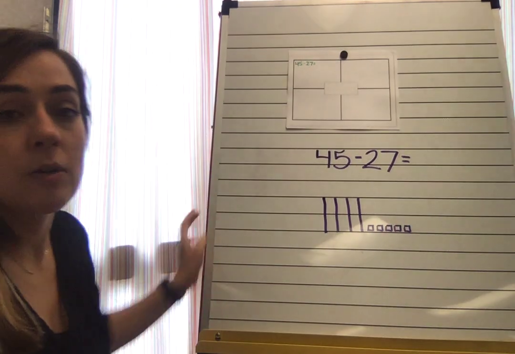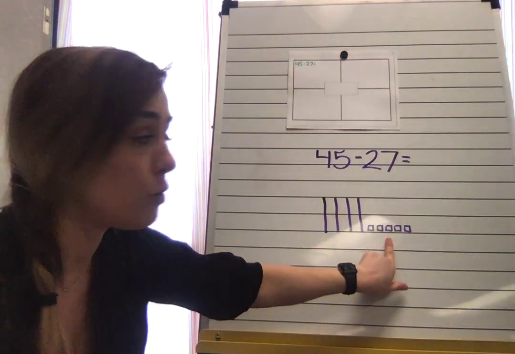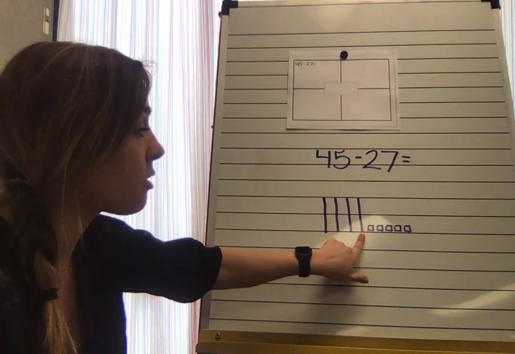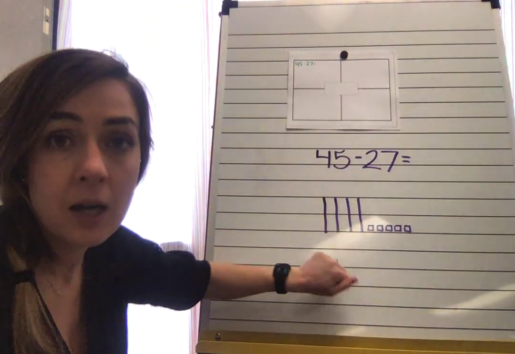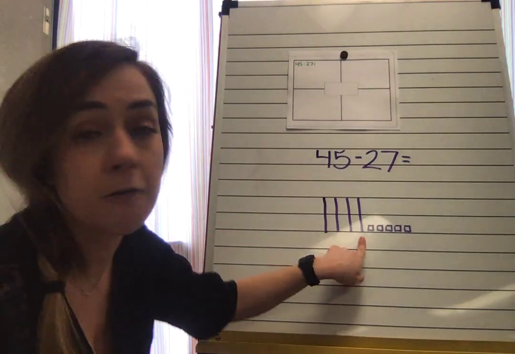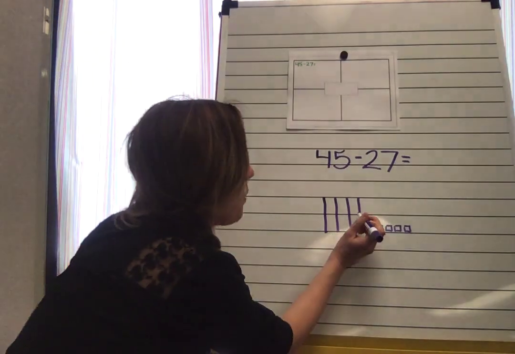All right, so now I want to take away 27, but I only have 5 cubes and I need to take away 7. So here we go. We need to go to our friend 10 next door, knock and say, hey friend 10, will you break apart for me? And our friend 10 always says yes. So he breaks apart.